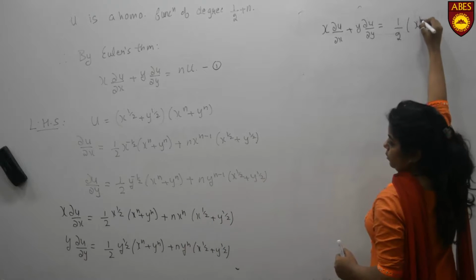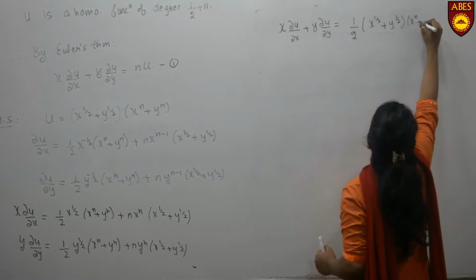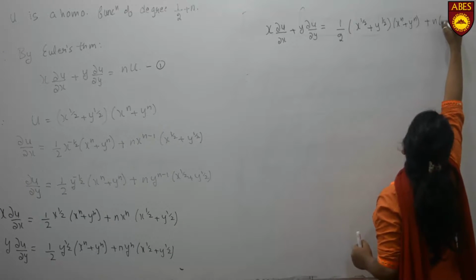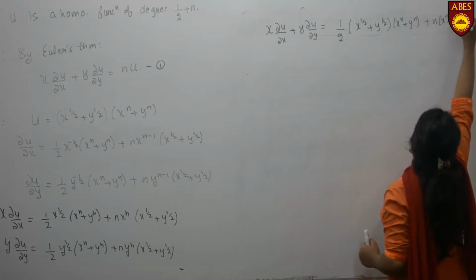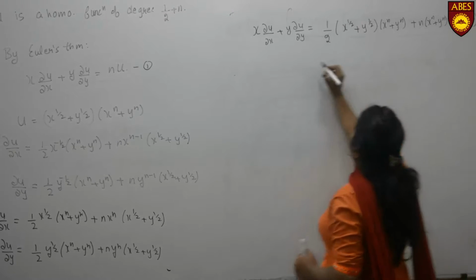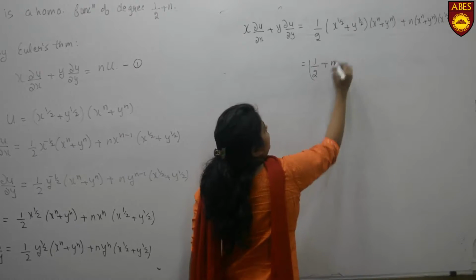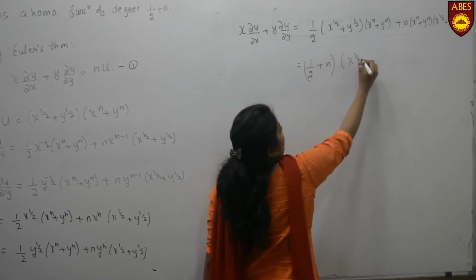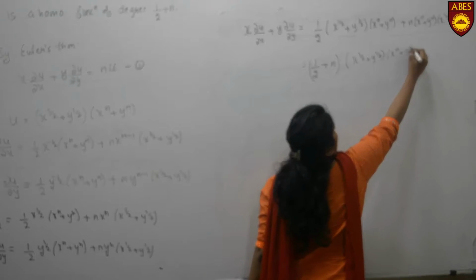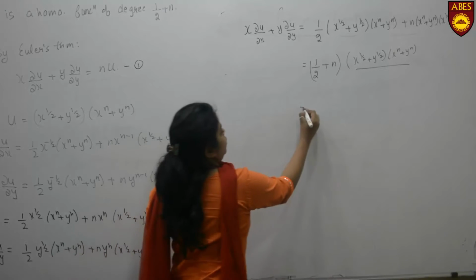1 by 2 x power half y power half x power n y power n plus n, or we can say 1 by 2 plus n x power half y power half x power n y power n, and this term is nothing but u.